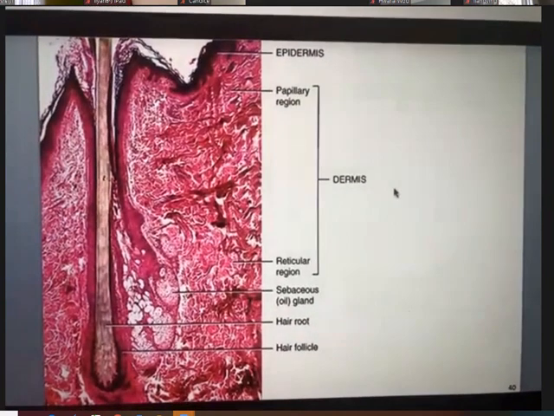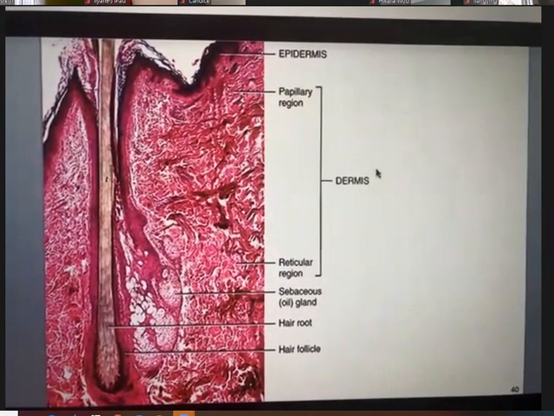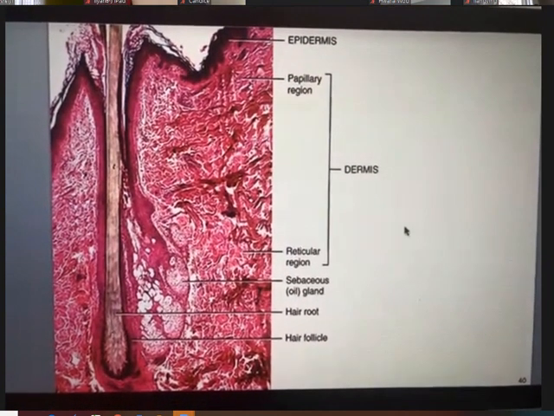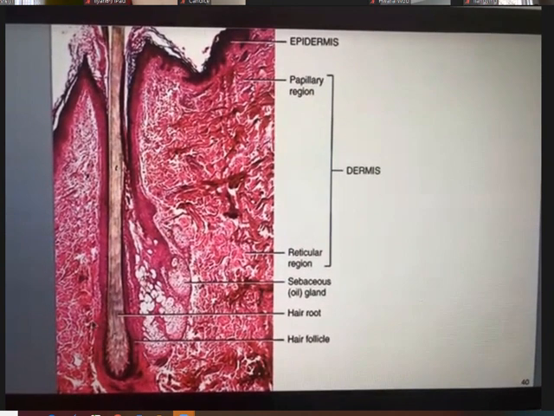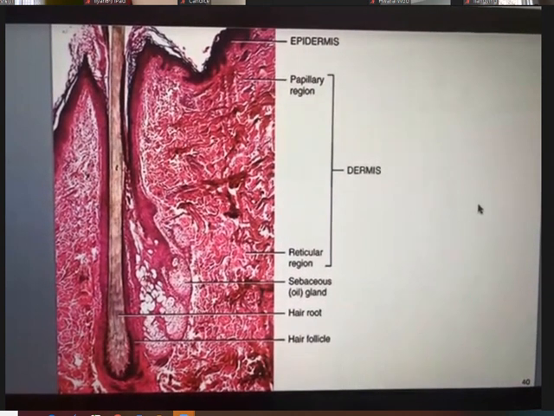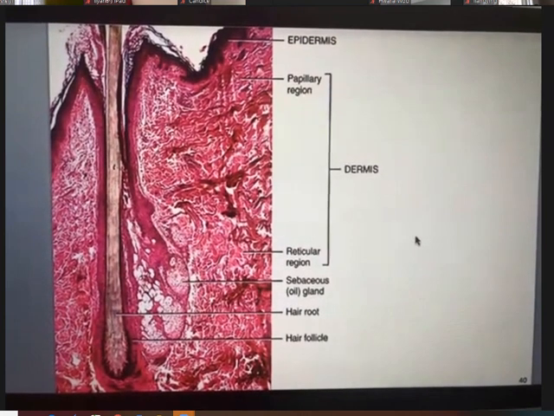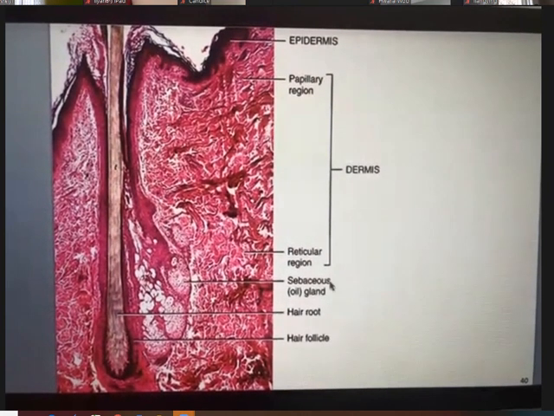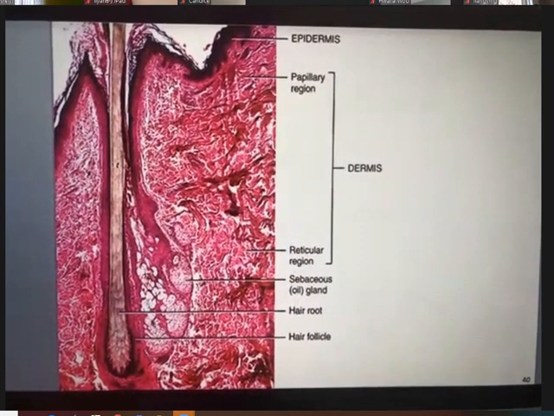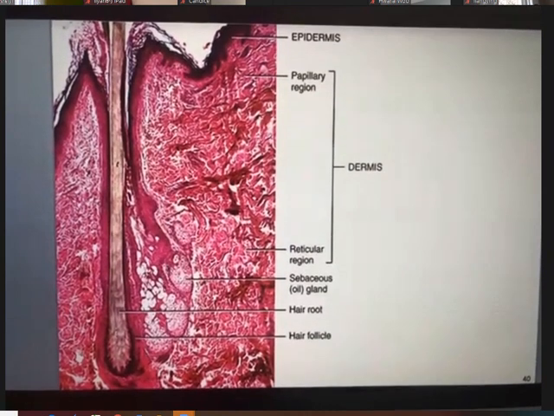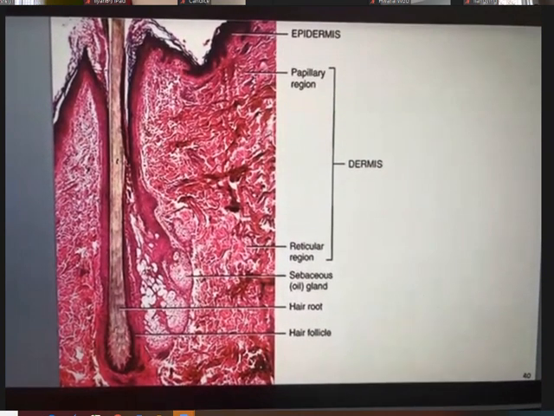Between the protein fibers of the dermis are a collection of accessory structures, including hair follicles, blood vessels and nerves, as well as various glands, such as sudoriferous or sweat glands, and sebaceous or oil glands, which are often associated with the hair follicle.